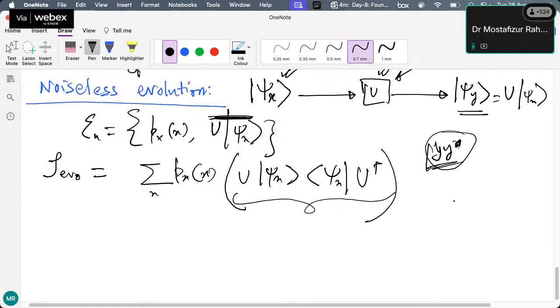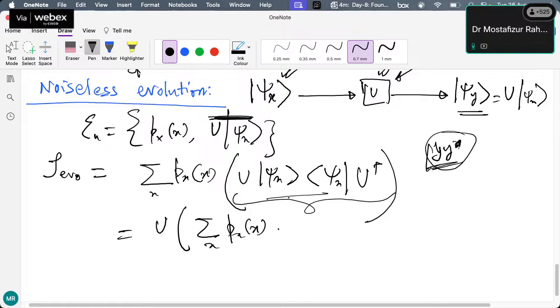There is no noise in U, so we can keep U out of the summation term. We write the summation over x of p of x times the outer product of psi x with psi x, where the randomness and the associated probability are, and let us keep U dagger outside the summation term.